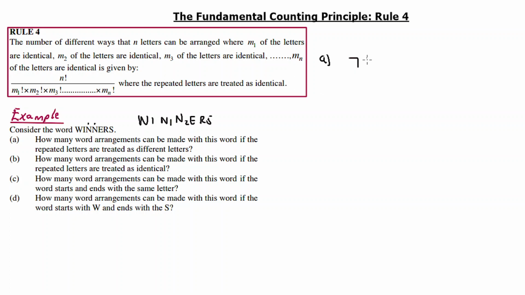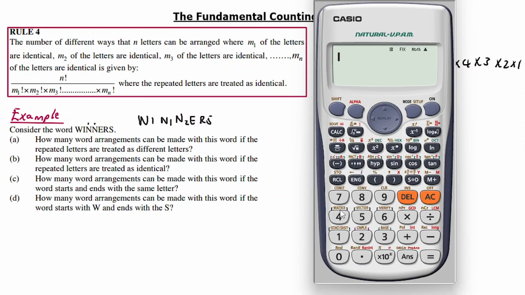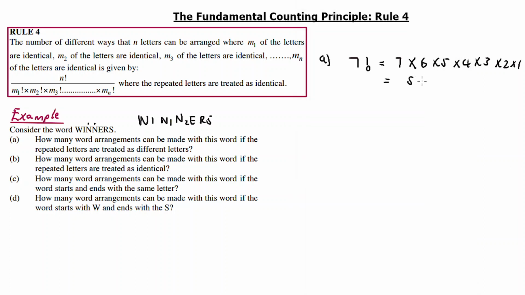So it's 7 factorial, which is 7 times 6 times 5 times 4 times 3 times 2 times 1, which is 5040. We did this in one of the examples where we had a 7 factorial of 5040. B, how many word arrangements can be made with this word if the repeated letters are treated as identical?